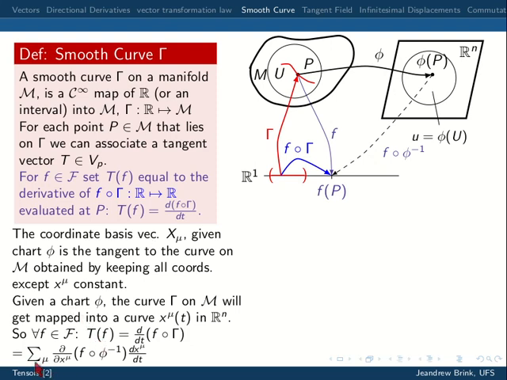So it's simply the derivative of f circle phi minus 1, times d dx mu dt. So what this gives us is that the components of my tangent vector are simply the way the coordinates are changing in Rn with respect to time, expressed on the basis vector that we've already defined.